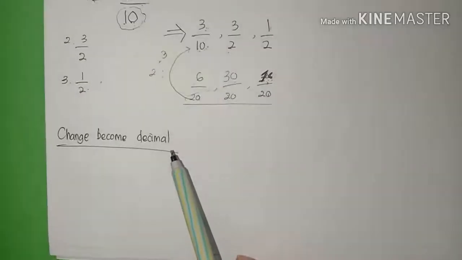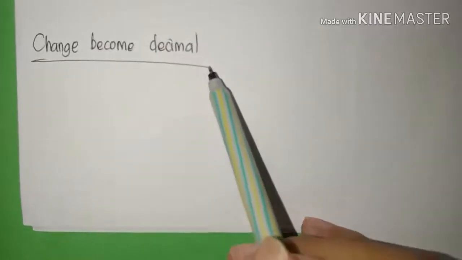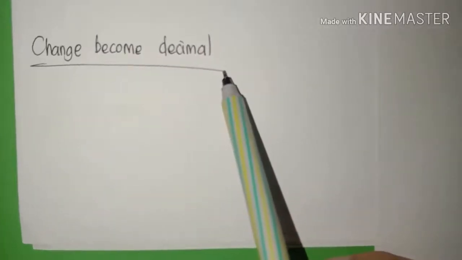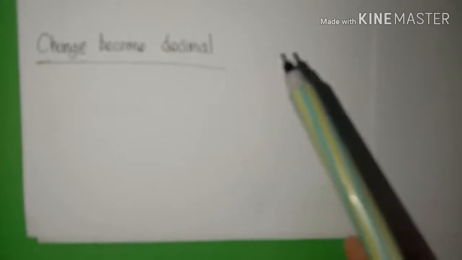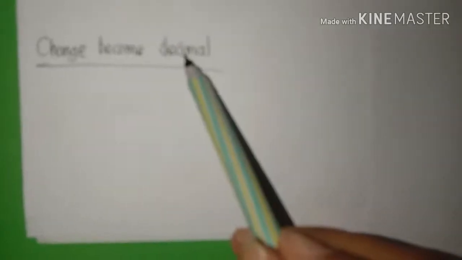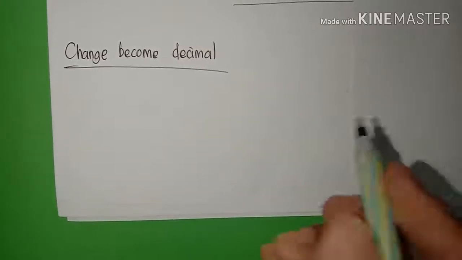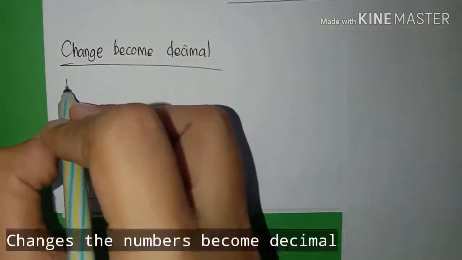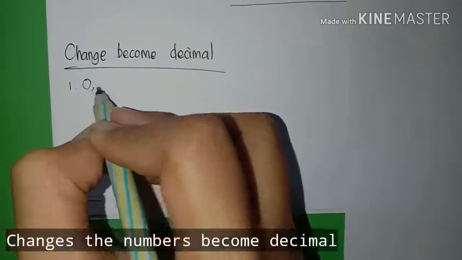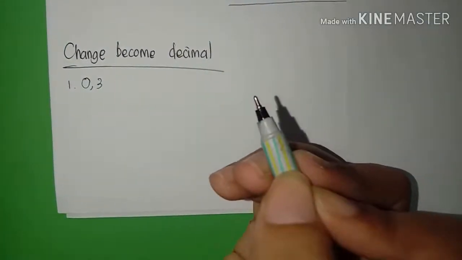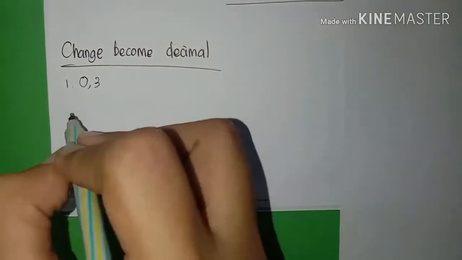The last way is to change all of the patterns to decimal. The first pattern is already decimal, so we do not need to change it.